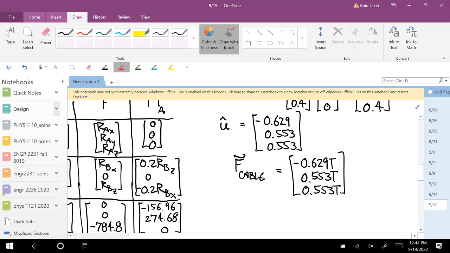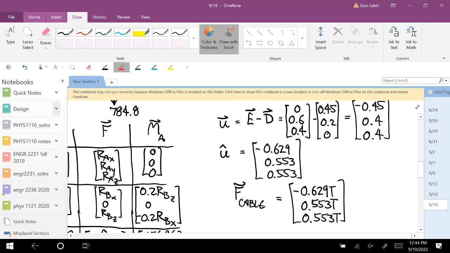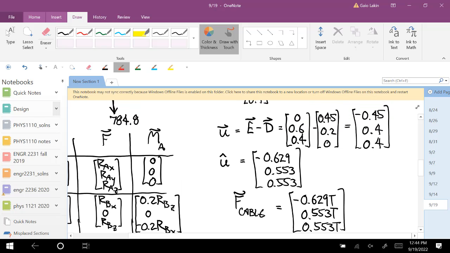So that moment arm looks like it should be 0.622, but that shouldn't make that big a difference.